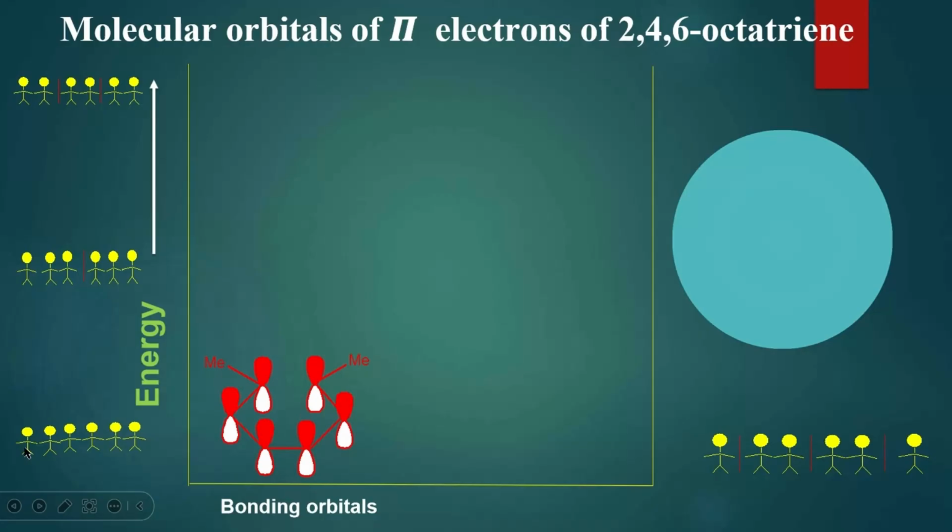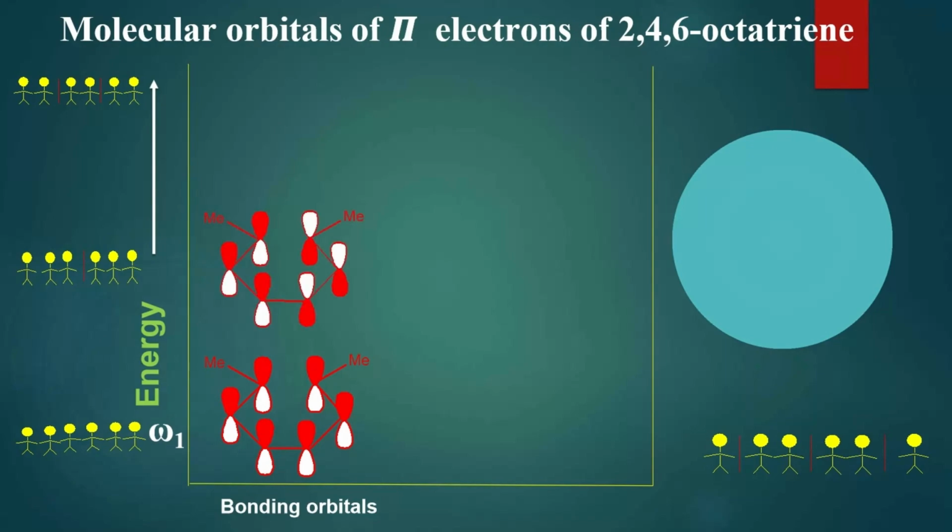It is something like 6 friends going in a similar direction with a similar mindset. As they have the same frequency of thinking, they have lower energy, and this is represented as psi 1.